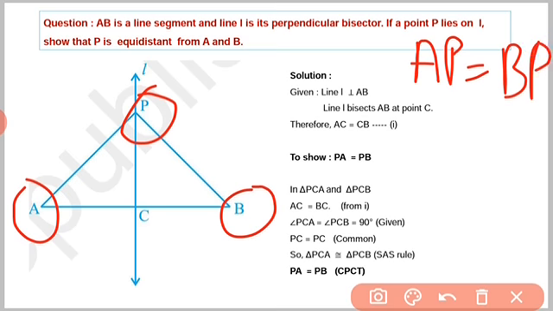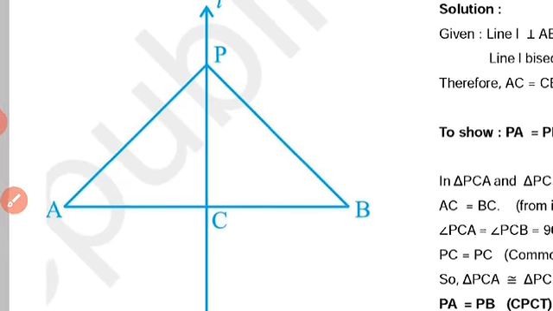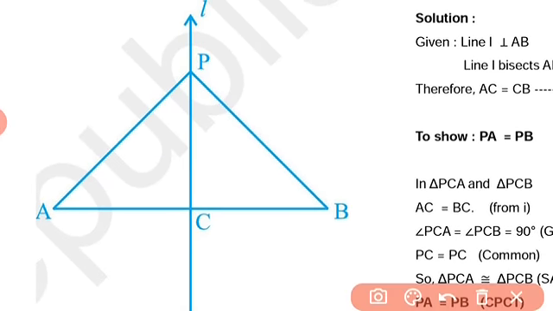It is given that L is the perpendicular bisector of AB. If L is a perpendicular bisector, that means it divides AB into two equal parts.